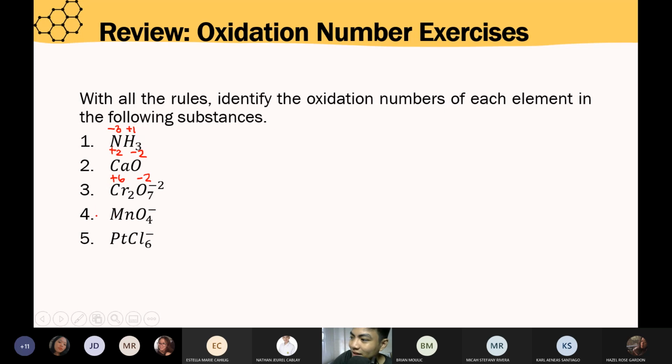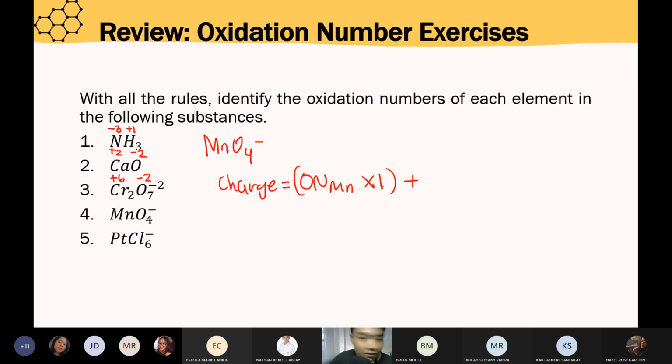So, sige. Next one, we have permanganate ion, MnO4 negative. Okay, so applying rule number 5, charge of the molecule equals oxidation number of manganese. Ilan siya? Isa. Plus the oxidation number of oxygen.